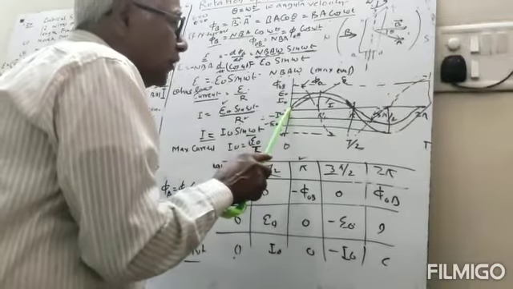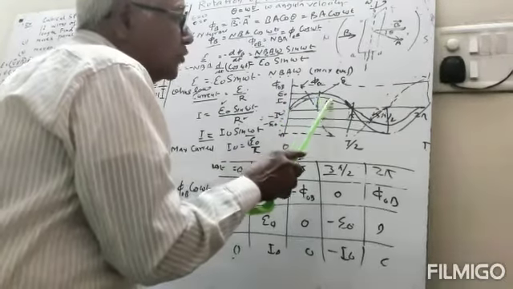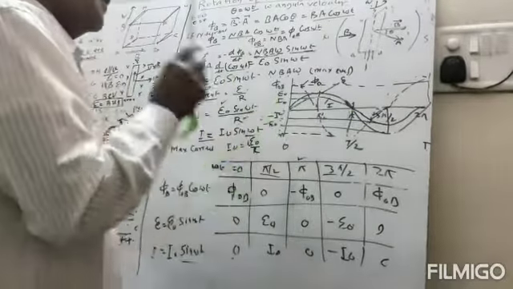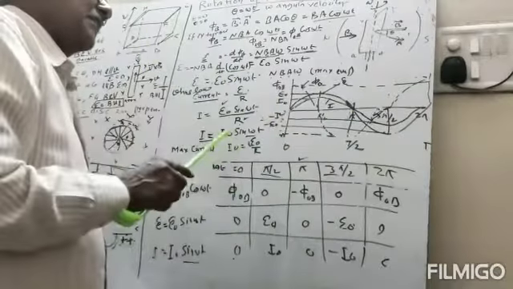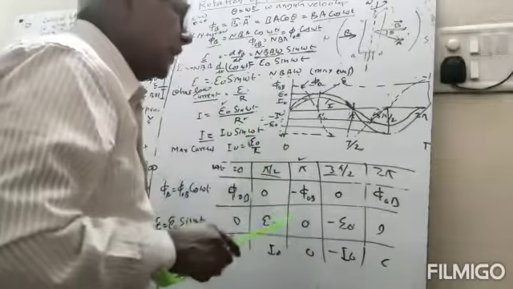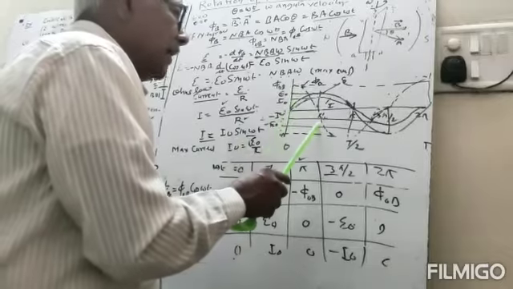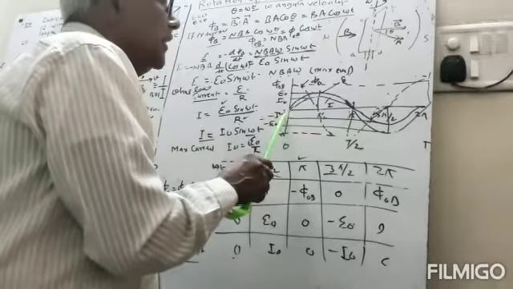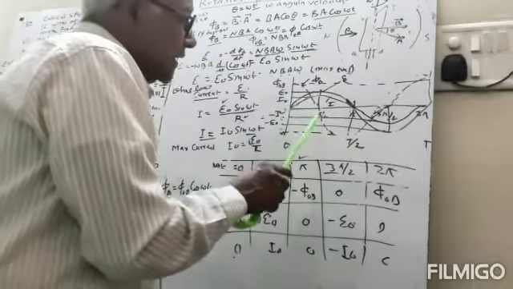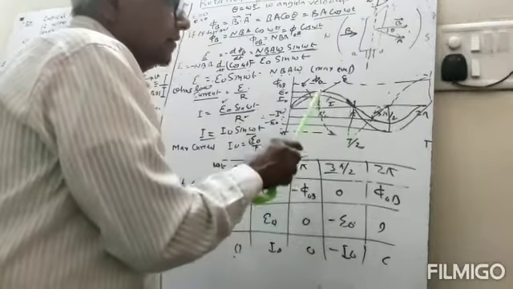It is going from minimum to maximum and then maximum to 0 as the angle increases. So here the values of EMF and current both are positive but variable. It will be maximum when the angle is pi by 2, increasing from 0 to pi by 2, and decreasing from pi by 2 to pi.